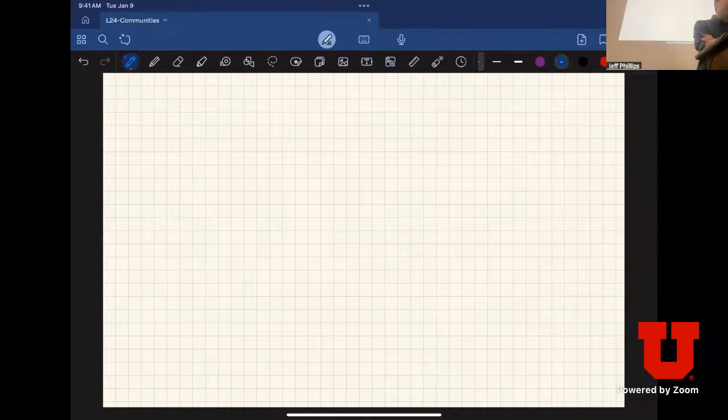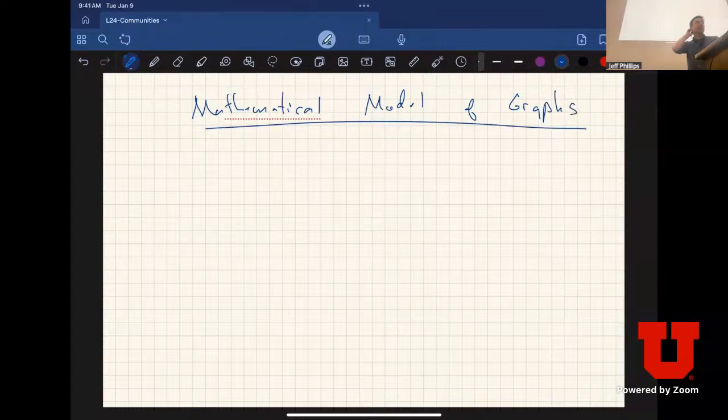There were also the mathematical models of graphs, okay? And so there's the mathematics that was developed, and they mostly worked around what was called an Erdos-Renyi graph model.